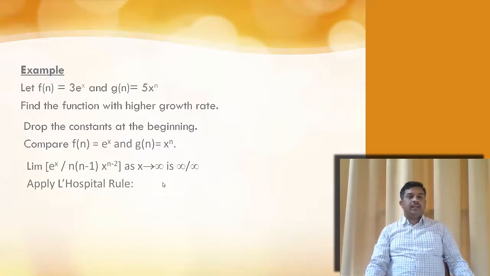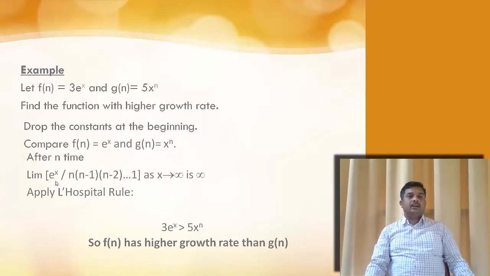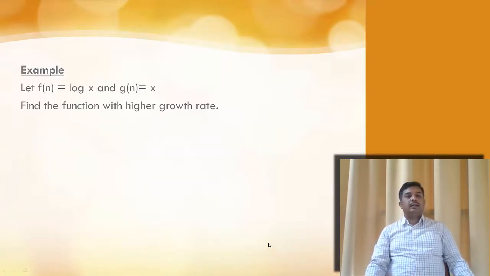So if we keep on doing it like this till n times, what we'll get? At last we'll get limit e to the power x by n into n minus 1 into n minus 2 up to 1 as x tends to infinity. This value becomes infinity. So 3 e to the power x is greater than 5 x to the power n. So fn is having higher growth rate than gn.